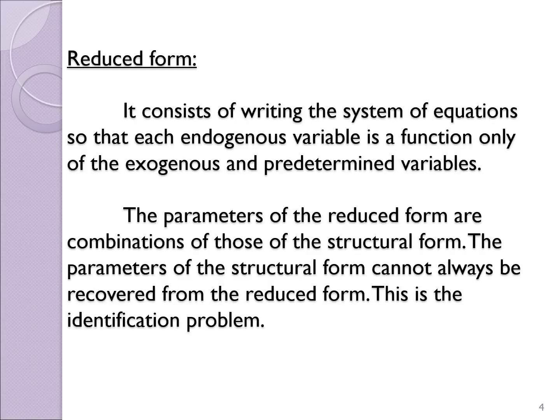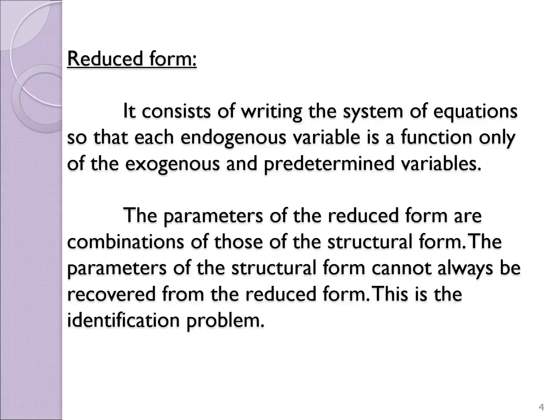It happens that the parameters of the reduced form are combinations of those of the structural form, and those parameters that are combinations of the structural form cannot always be disentangled, cannot be recovered from the reduced form parameters. And this is what we call the identification problem.